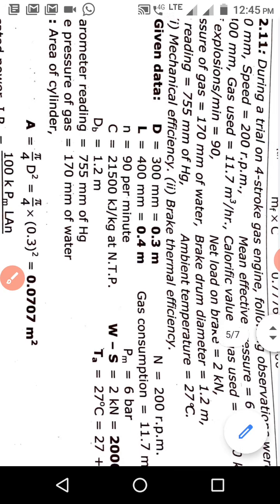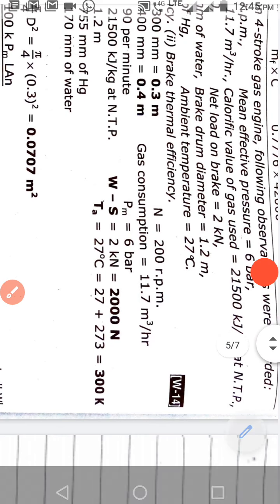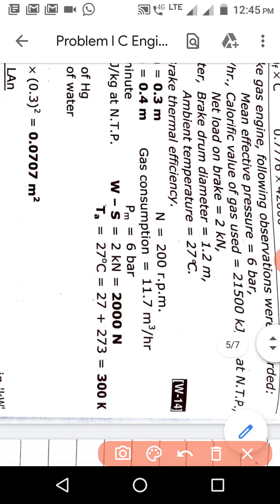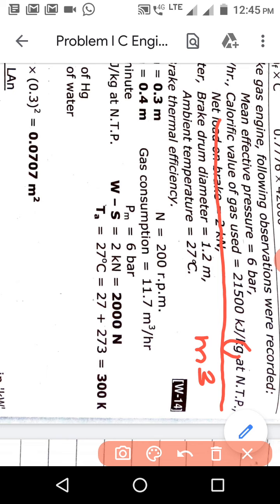So now we'll see the calorific value is given. Now see, calorific value is given in terms of kg at NTP. I think it should be on a meter cube basis. It is wrong over here. It should be in meter cube.